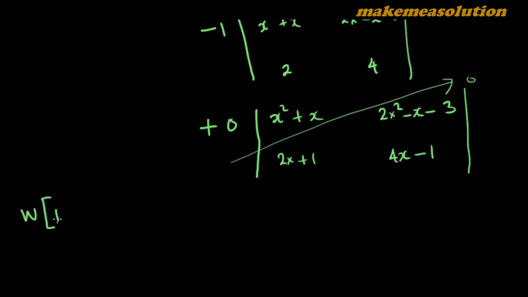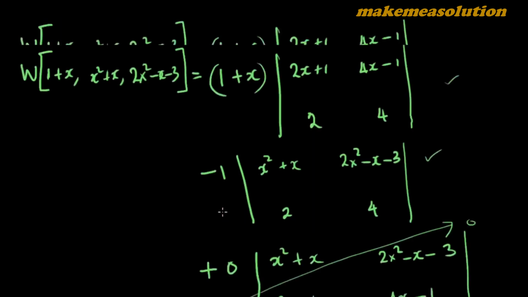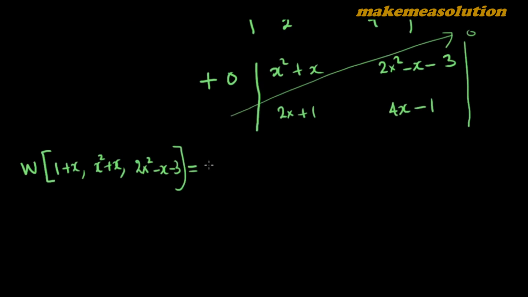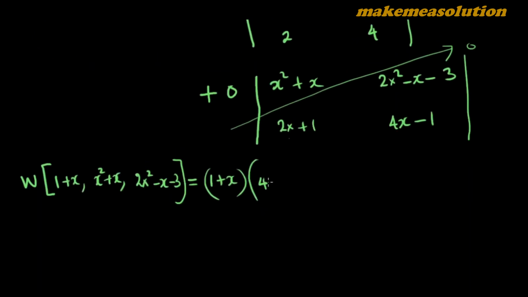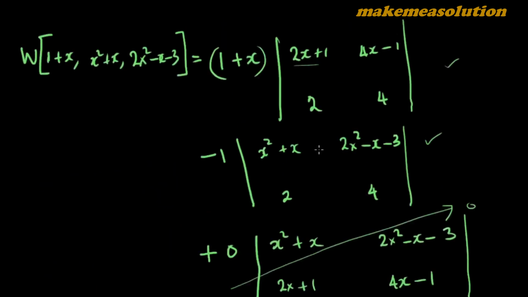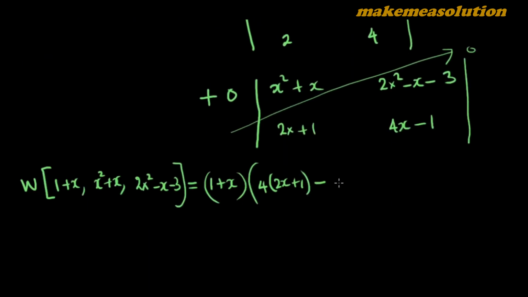Our Wronskian of 1 plus x, x squared plus x, then 2x squared minus x minus 3 is equal to 1 plus x into, let's resolve, 4 into 2x plus 1 minus 2 into 4x minus 1.